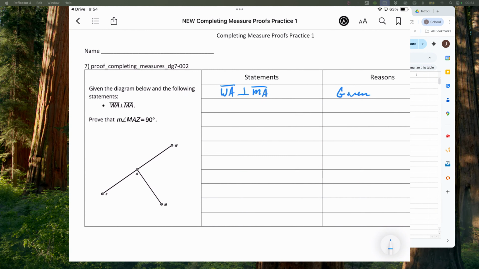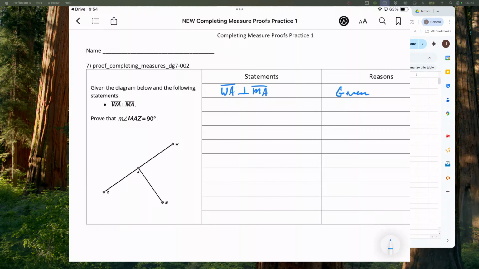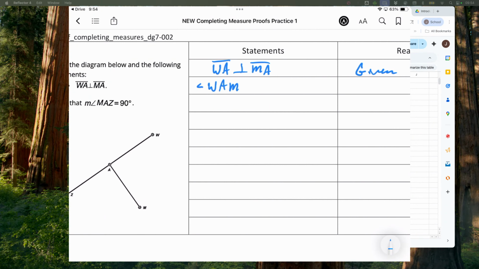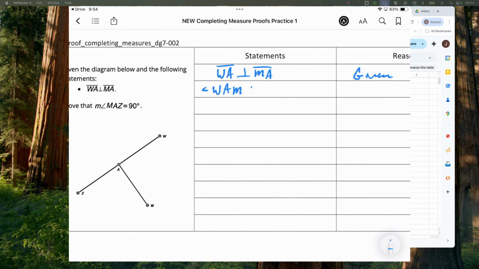So the two angles are supplementary because they form a linear pair, so angle WAM and angle ZAM are supplementary because of a linear pair.